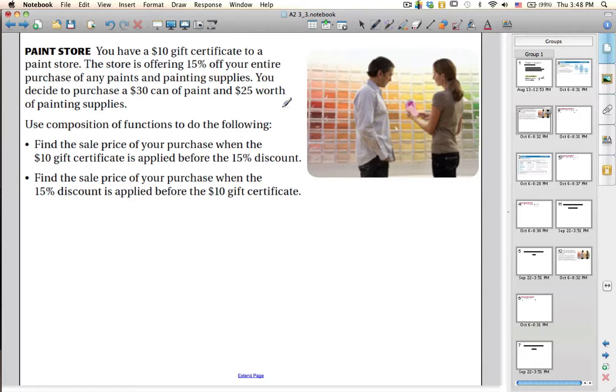I can make this new function that does both things. And what's interesting is the way in which I make the composite will change whether the gift certificate is applied before the 15% discount or whether the 15% discount is applied before the gift certificate. So when we get to the end of this, that's what we'll be talking about.